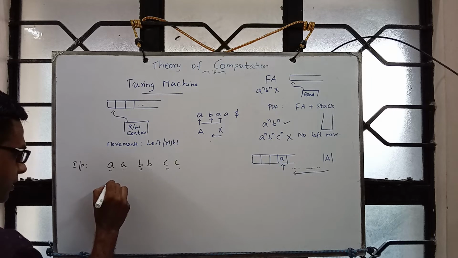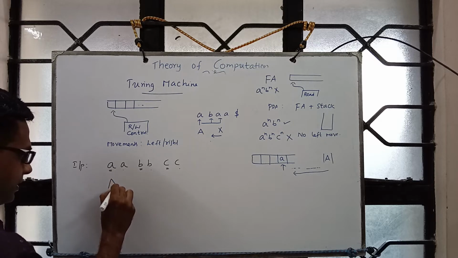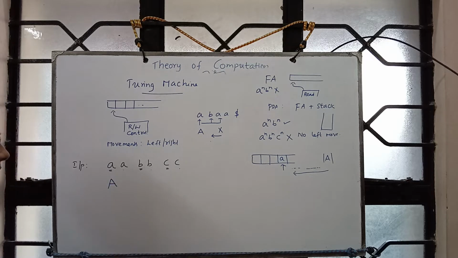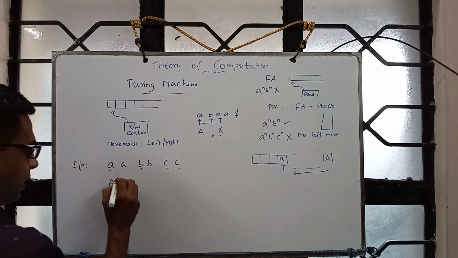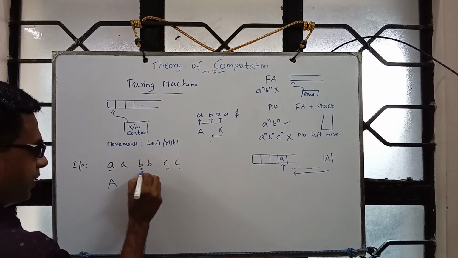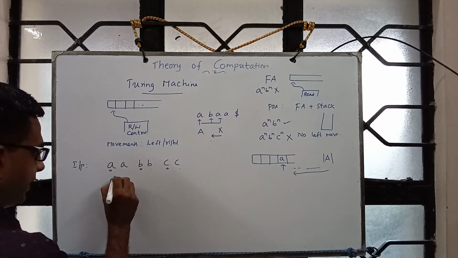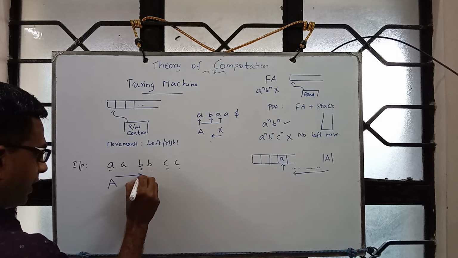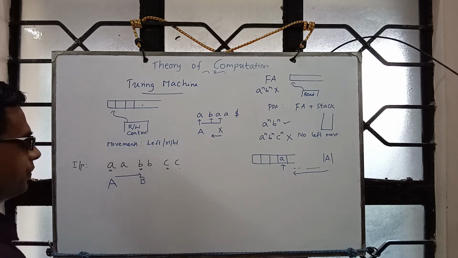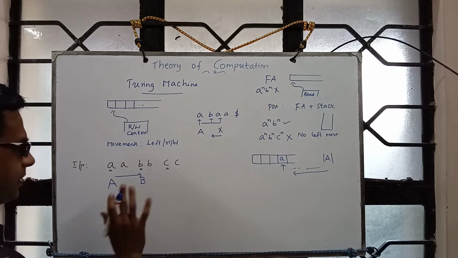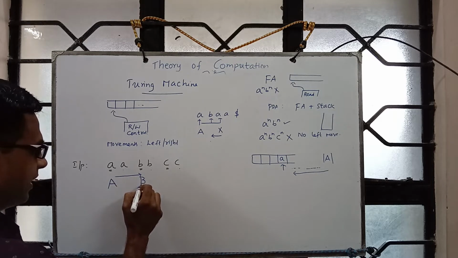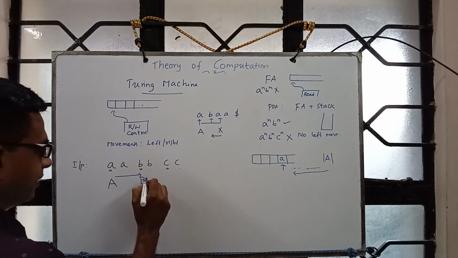So here is the logic. When I read this small a, I'll change this to something like, say, capital A. Then for this I should look for the corresponding B and the corresponding C. What I do, I move right. When I encounter this, I'll change it to capital B. So some symbol. Okay, this says B has been read.